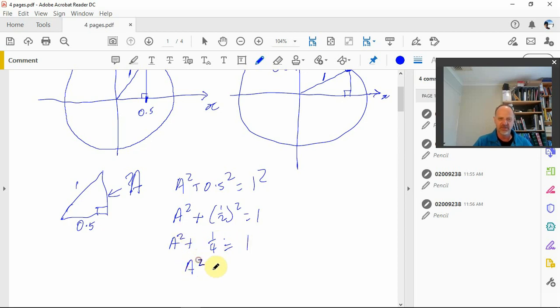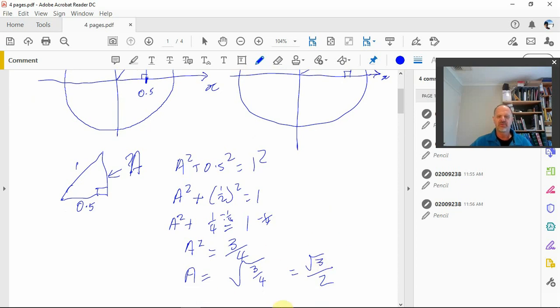Forgot my squared. A squared would be 1 minus a quarter, so it would be 3/4. And so A then, side length A, would be the square root of 3/4, which we could write as the square root of 3 over 2.